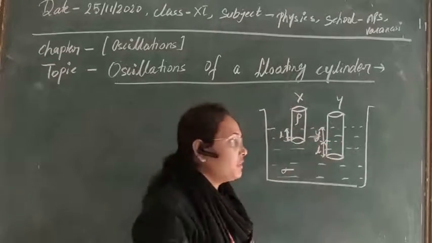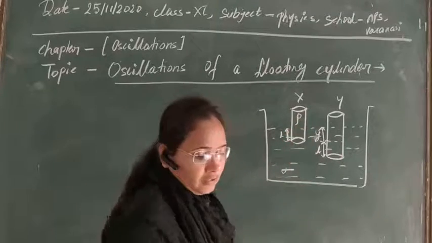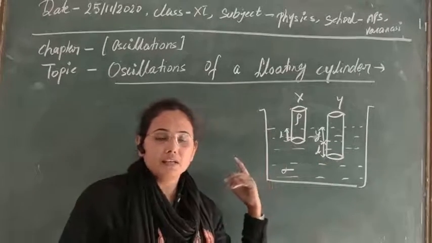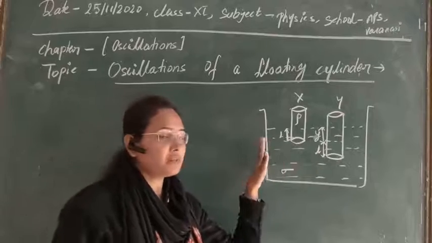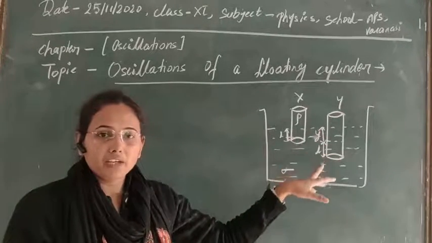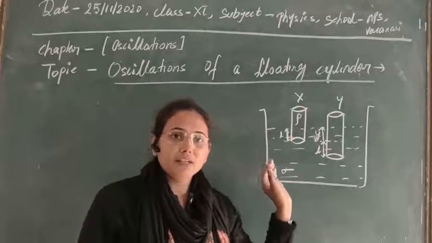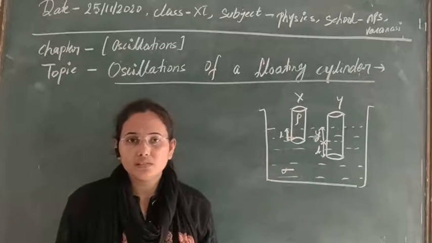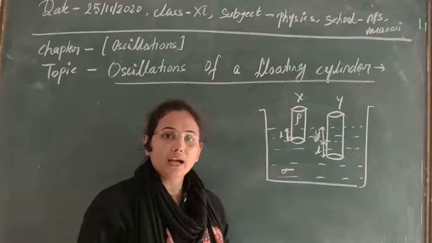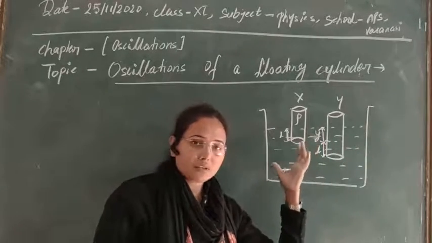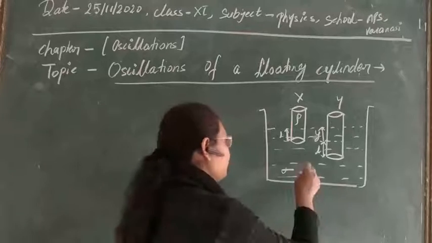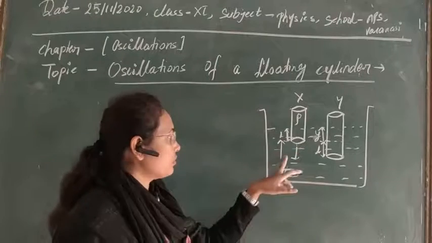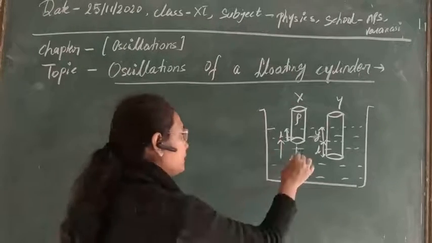Due to this dip of the cylinder, some weight of water will be displaced, and due to this displacement of water, through Archimedes' principle a buoyancy force will act on the system, and that force will be equal and opposite to the weight of the liquid that is displaced. So if the mass of liquid is displaced in this direction, then there will be a restoring force, or simply the buoyancy force, acting in the opposite direction.